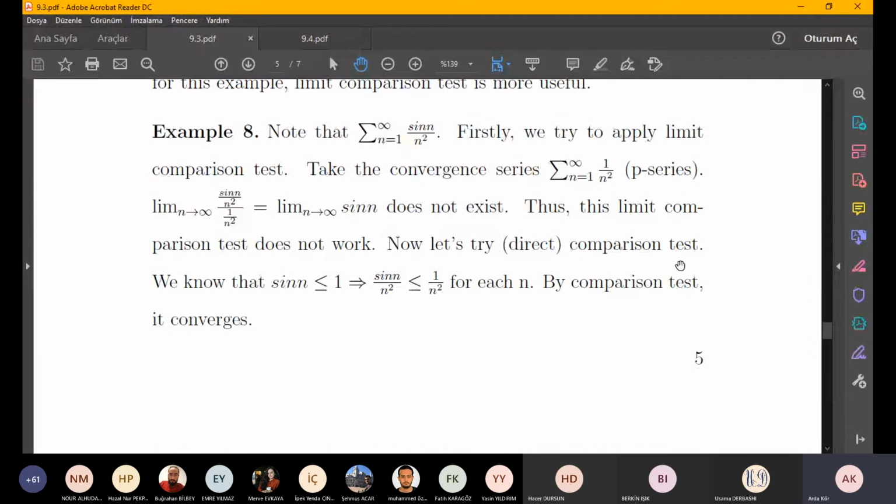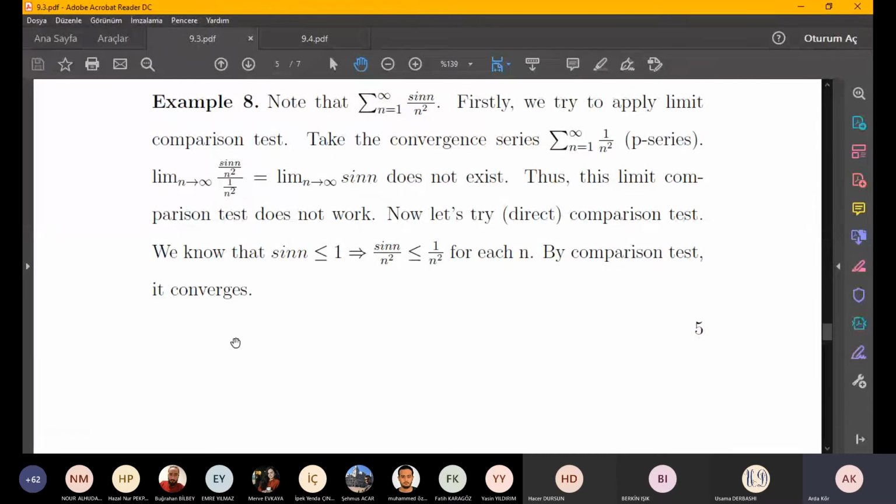And now we will try the direct comparison test. So again, you have this inequality, sin n is smaller or equal to 1, and when you divide the inequality by n squared, which is positive, you have sin n over n squared is smaller or equal to 1 over n squared for each positive integer n. By the comparison test, since you know that the p series is convergent, which is the bigger one, which has the general term which is bigger than the other one, you can directly say by the comparison test that the series with general term sin n over n squared also converges.